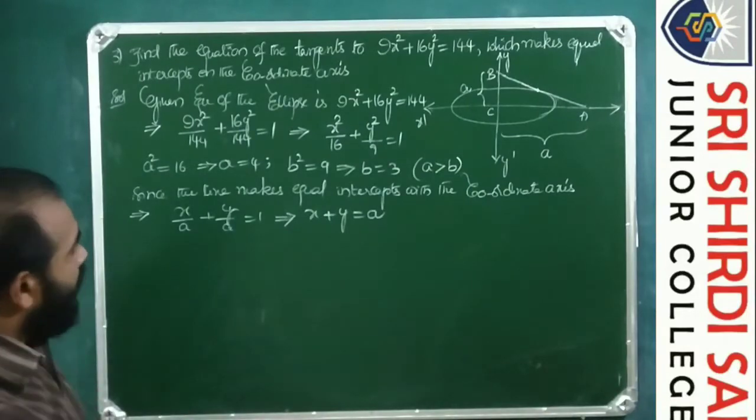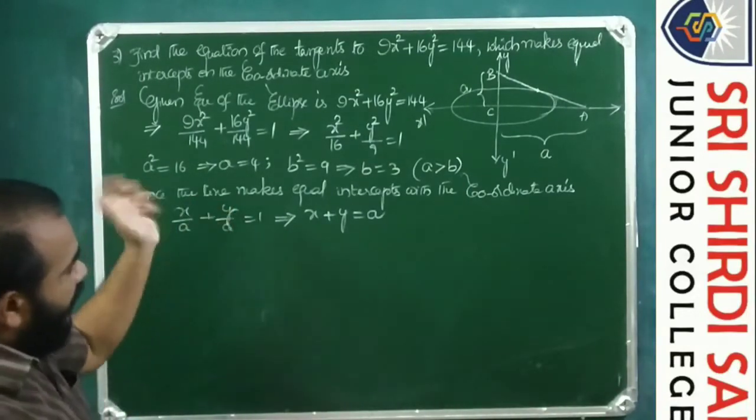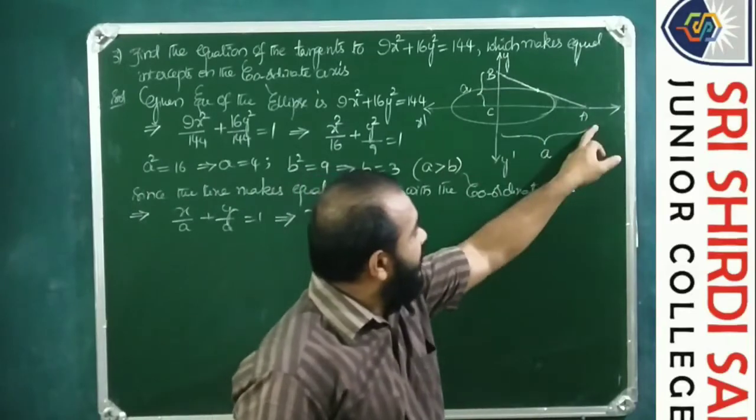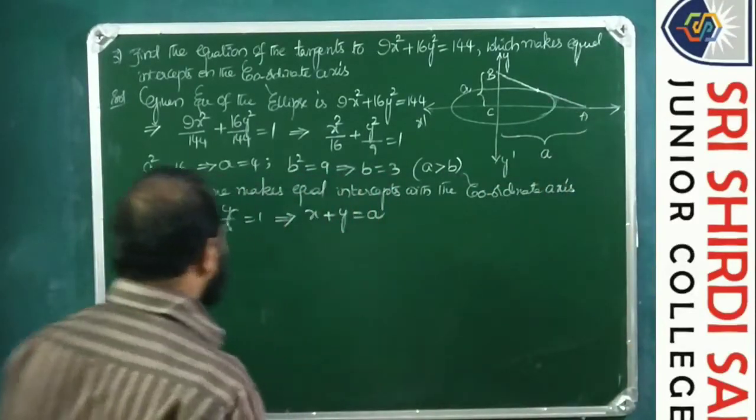So what is the condition for this line to be a tangent to the ellipse?